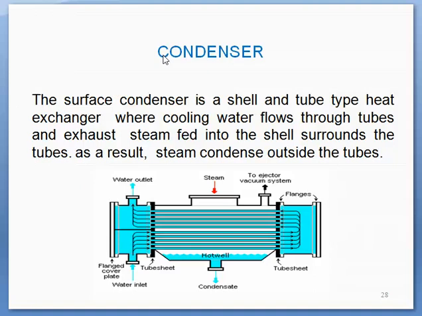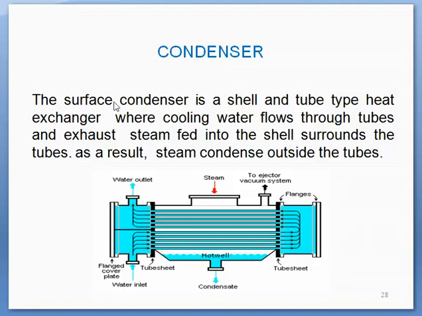The next important component is the condenser. The steam generated in the boiler, after passing through the turbine, is sent to the condenser, where steam again changes its phase from vapor to liquid with the help of cooling water.